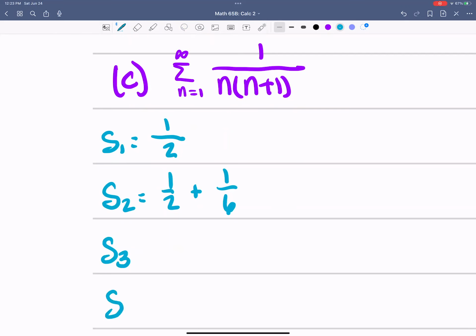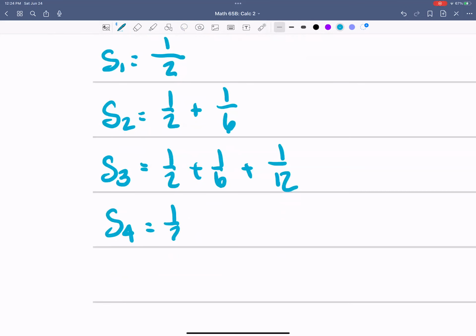S3, hopefully we see a pattern by the fourth term: 1/2 plus 1/6 plus the third term, 3 times 4 is 12, so 1/12. And the last one, S4: 1/2 plus 1/6 plus 1/12 plus, 4 times 5 is 20, so 1/20.